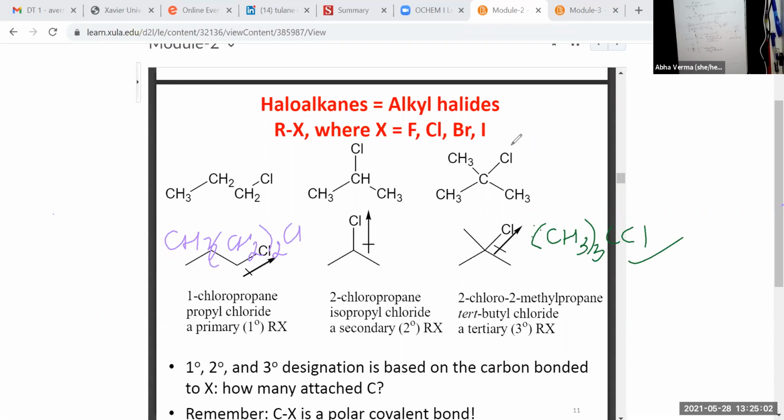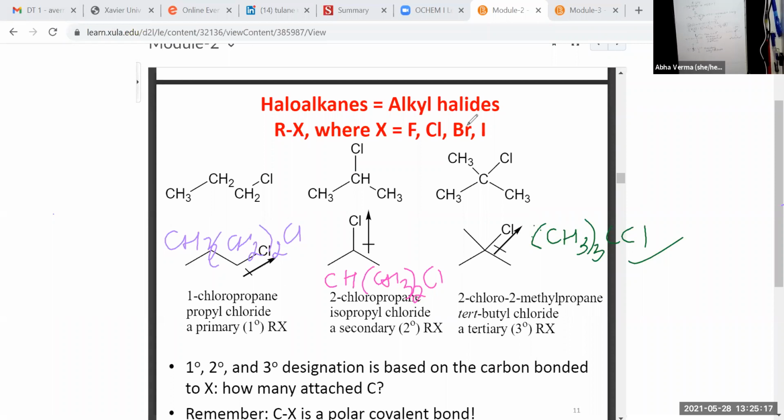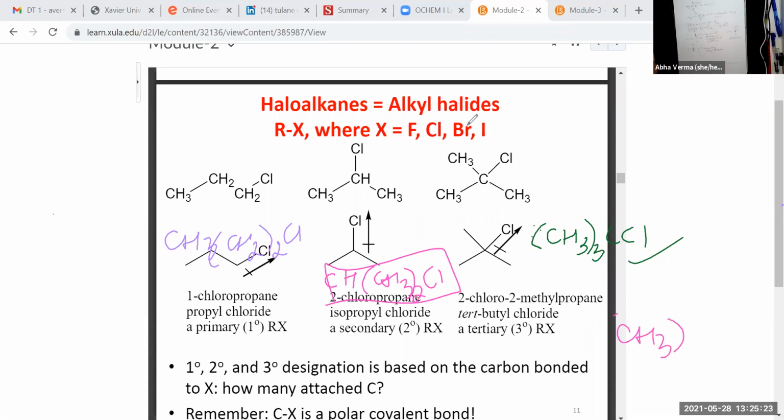Nelson, you want to try the second one? Sure. Instead of doing the parentheses first, I just wrote the central. So I did CH in parentheses, CH3, 2, and then CO. Okay, that's good as well. So you can write this part both ways.